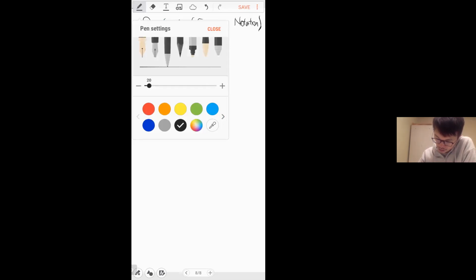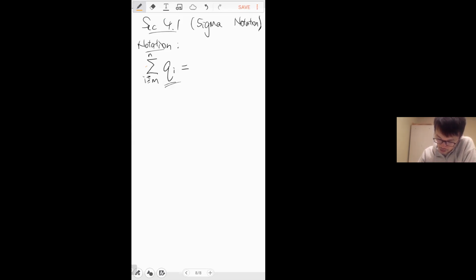So let me write this. This notation is called sigma. It means the summation. And the i is the index of the summation. When I write at the bottom i equals m, it means i starts from m.